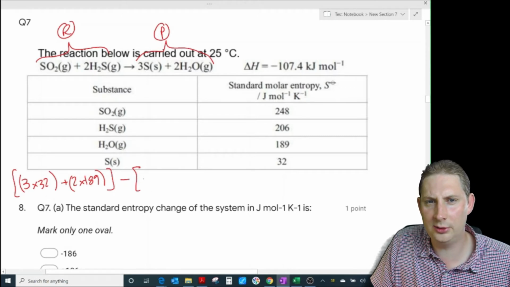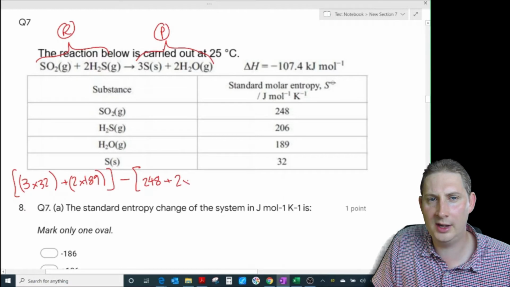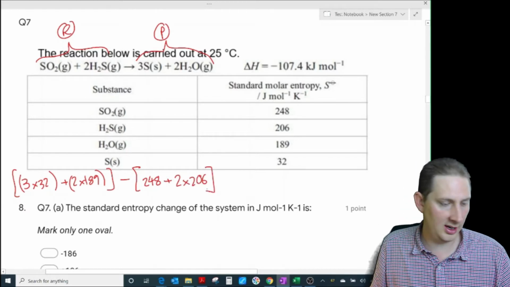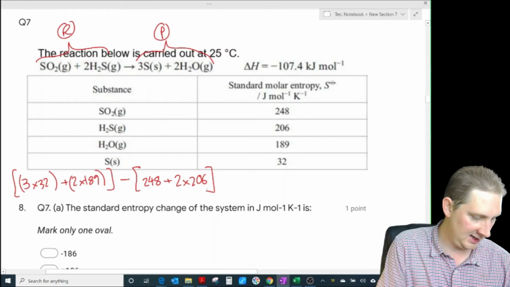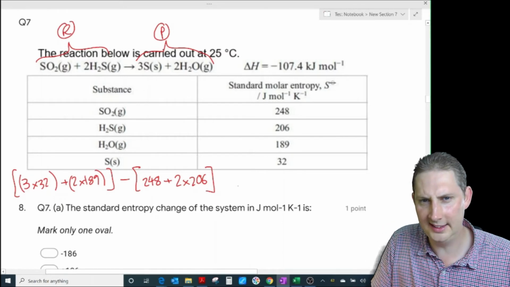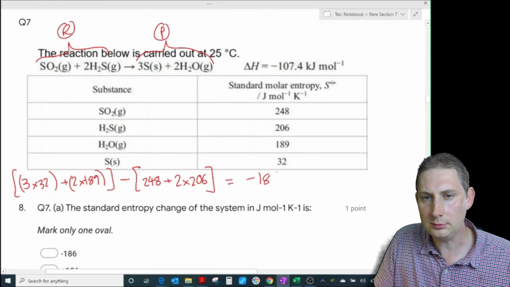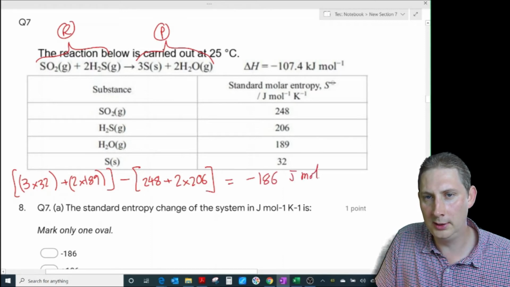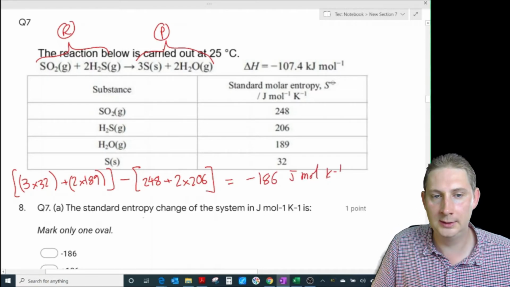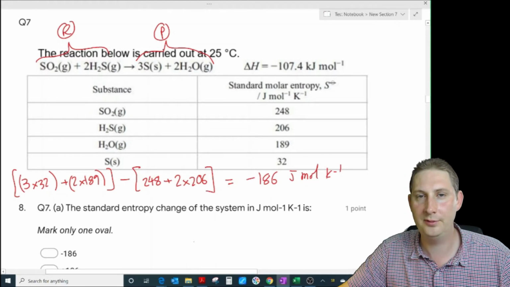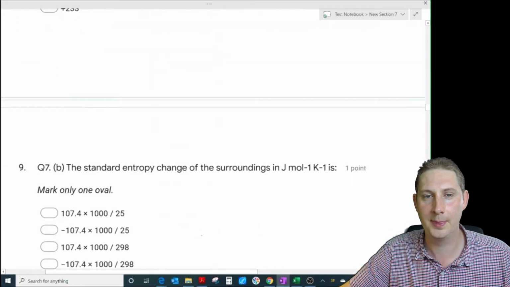We've got 1 SO2, 248, and we've got 2 H2S, so 2 times 206, and if we work that out, the answer is minus 186 joules per mole per Kelvin. So minus 186 there. Few people getting the sign the wrong way around.